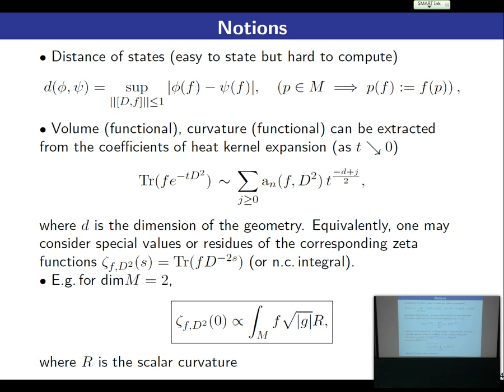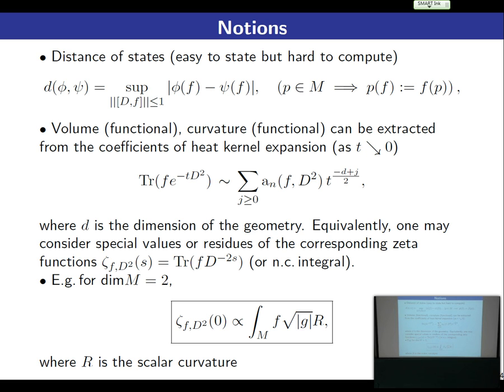For instance, we can define the distance of states by the supremum over this particular set of differences of the absolute values of the states evaluated over elements of the algebra. And if the state is coming from a point, is a pure state, this is just the distance of points.